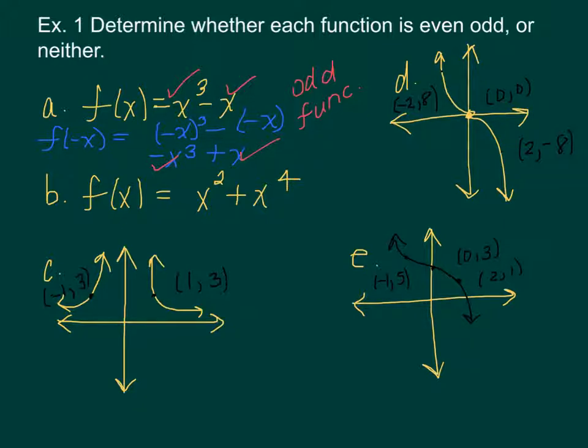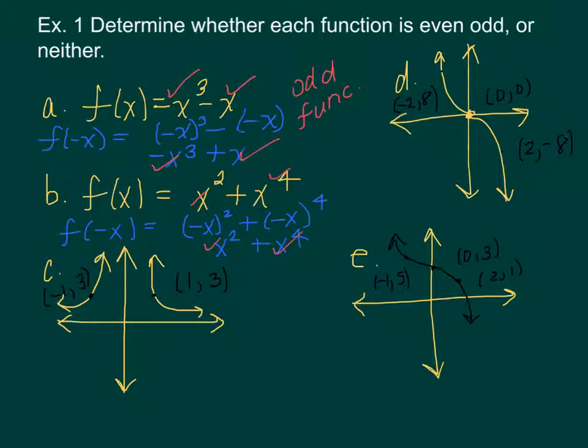All right, let's try B. All right, squaring a negative still makes it positive, so it's x squared. And raising something to the fourth power still makes it positive. Okay, this stayed the same, this stayed the same.